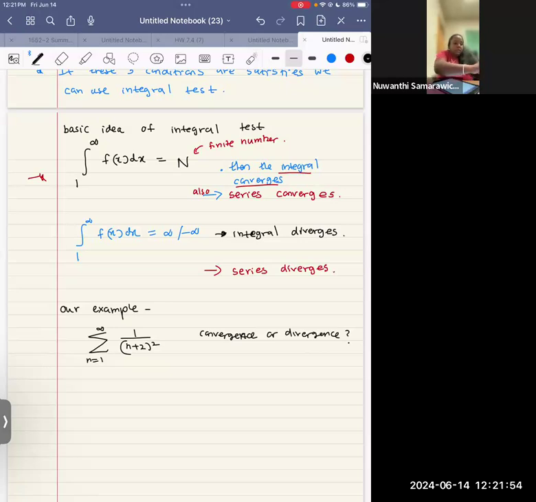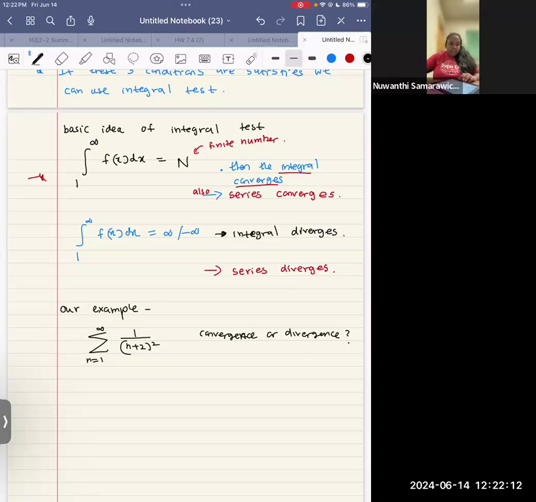Okay, so let's see whether this is divergent. We are going to use the integral test to solve it. But before using the integral test, we need to satisfy three conditions.